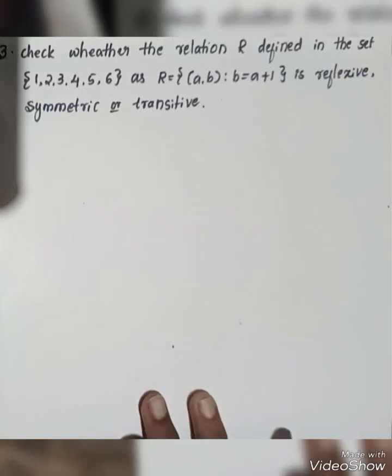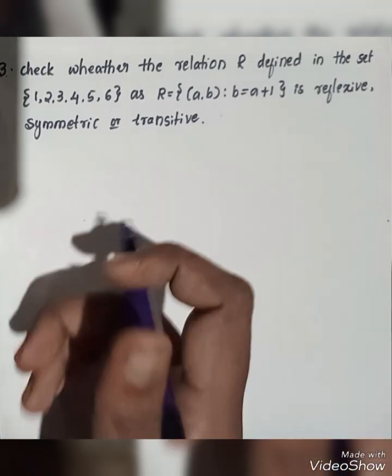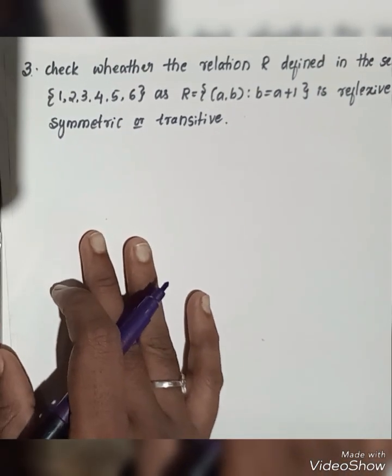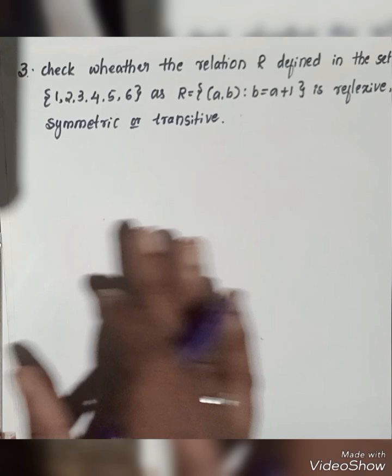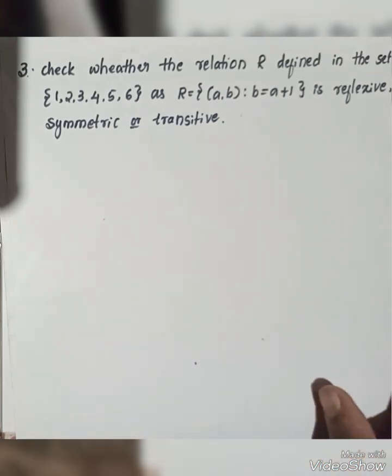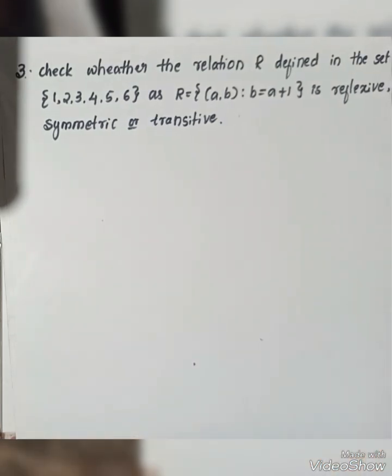This one is also similar to that kind of questions. Check whether the relation defined in the set {1, 2, 3, 4, 5, 6} as R = {(a, b) such that b = a + 1} is reflexive, symmetric or transitive.